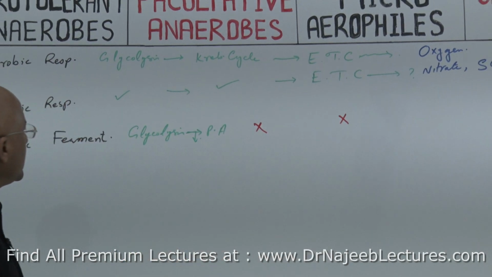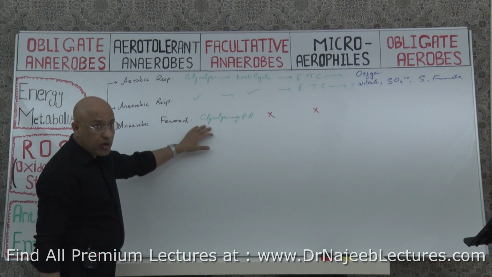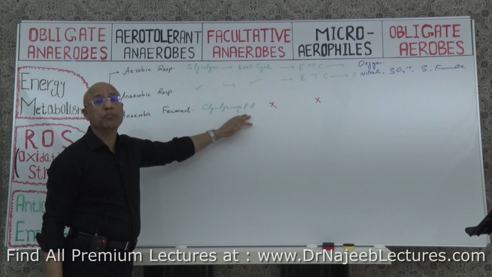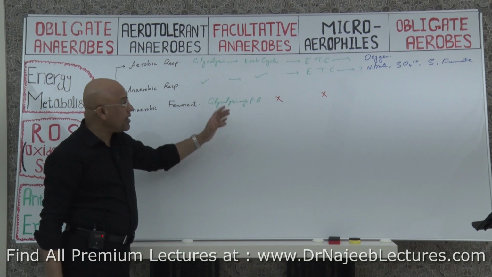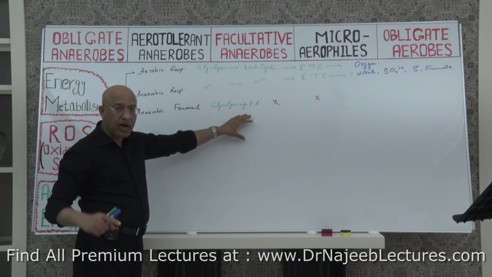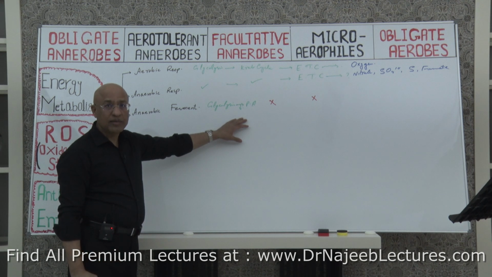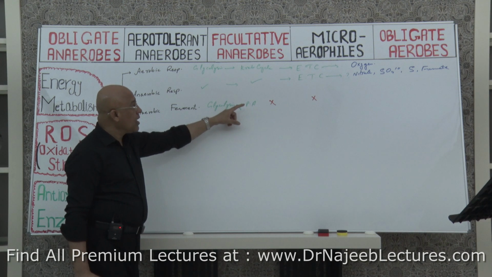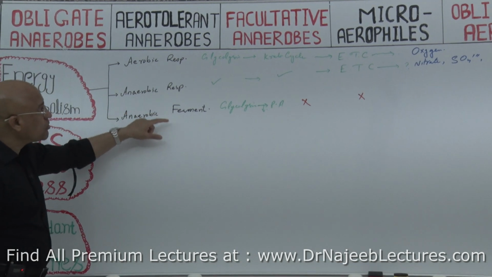So what really happens in fermentation? Through glycolysis, glucose is broken down up to pyruvic acid, and then it might be converted into some other products, and the final electron acceptor is pyruvic acid itself. It is not oxygen. How is it different from anaerobic respiration?